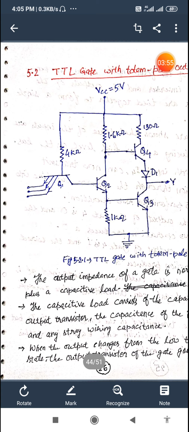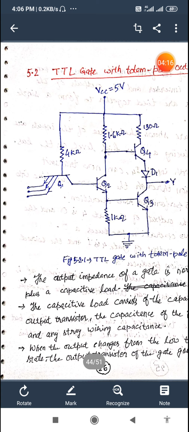Transistor Q4 is cut off because its base must be 1 VBE drop plus 1 diode drop, or 2 into 0.6, that is 1.2 volt, to start conducting, which it is not getting.